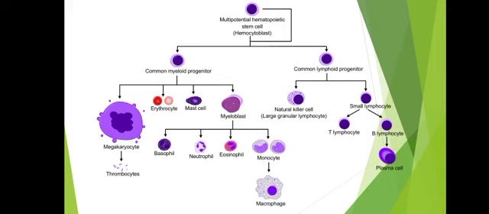For the differentiation and proliferation of CFU-GEMM from HPCs, interleukins and granulocyte macrophage colony stimulating factors are implicated.